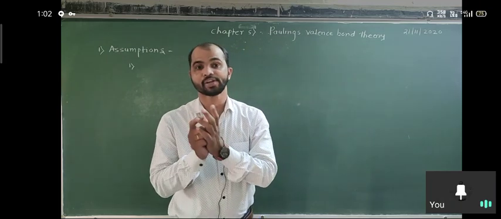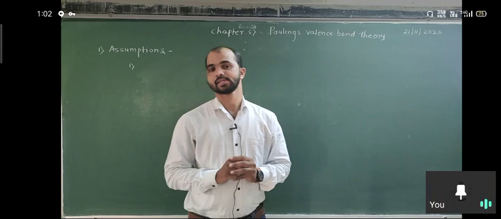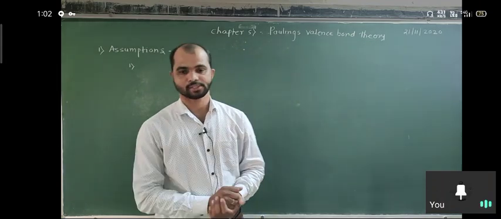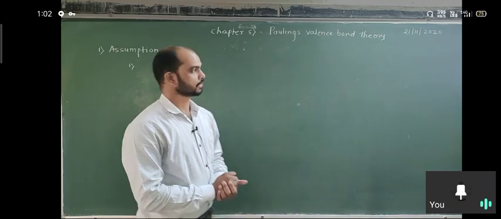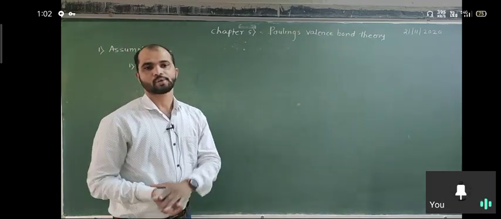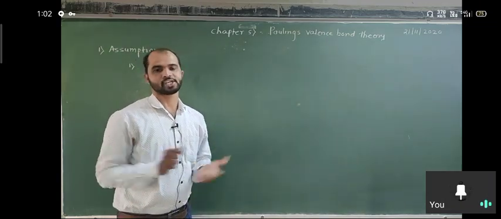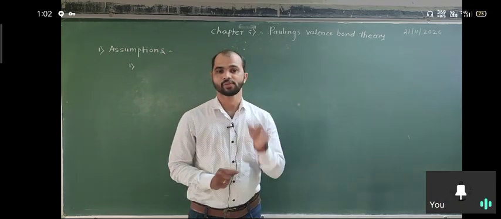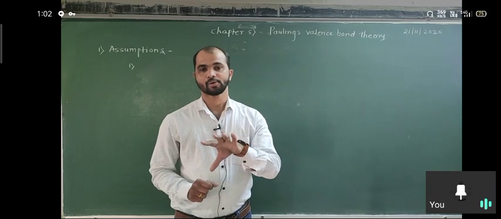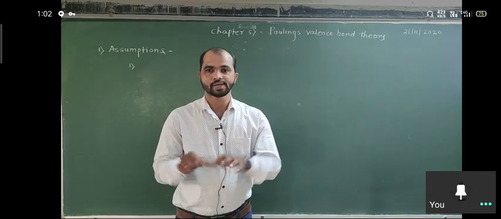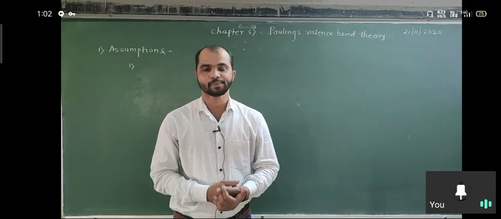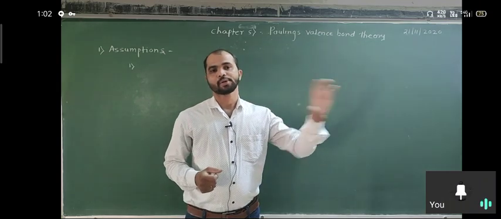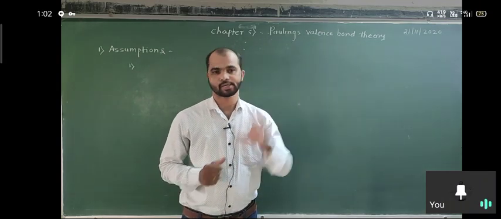You know the metal orbitals have different energy levels. So to make effective bonding, the metal orbitals undergo redistribution, recasting of atomic orbitals, to make an equivalent set of atomic orbitals, which we call hybrid orbitals.